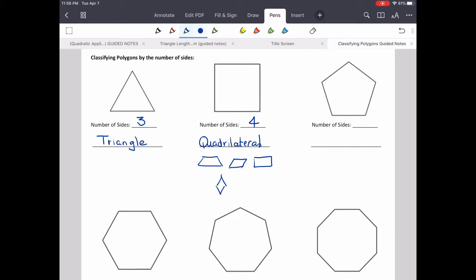Next one up is going to have 5 sides, and that is called a pentagon, just like the headquarters of our military. That's called the Pentagon, and that has 5 sides. Now, one thing I'm not showing you, but I just want to make a note that you are going to see this.